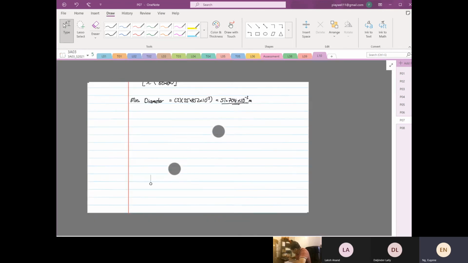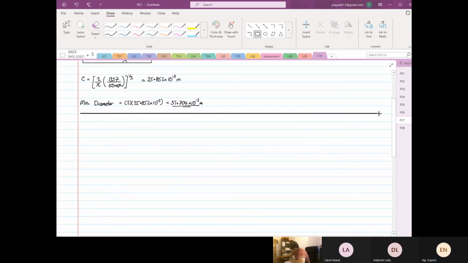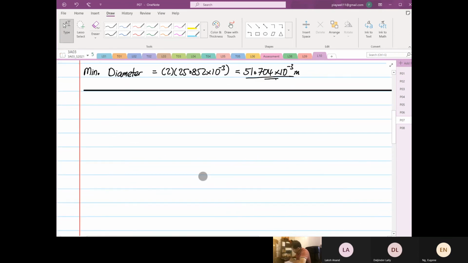I'm going to draw a line across so that you know this is a new section. So we are going to talk about principal stresses in beams under combined loading.